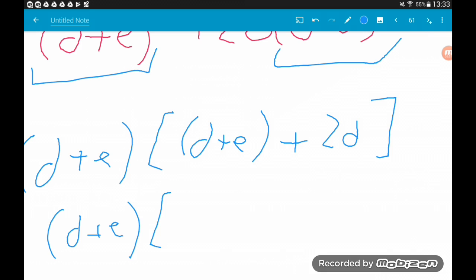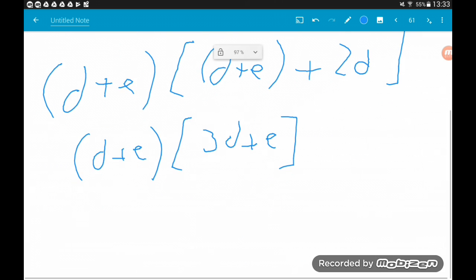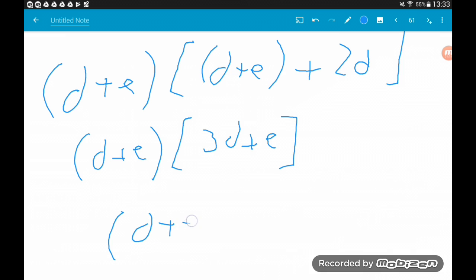Inside the squares we've got d plus e plus 2d. So that's just going to simplify to 3d plus e. Now we can just write that in round brackets. So we've got d plus e times 3d plus e. Like that.